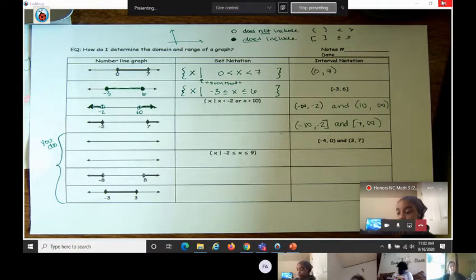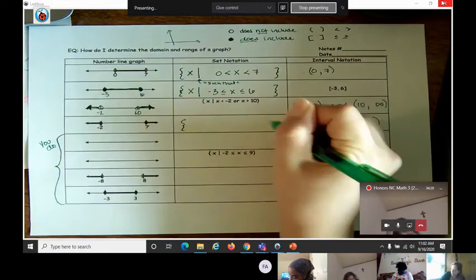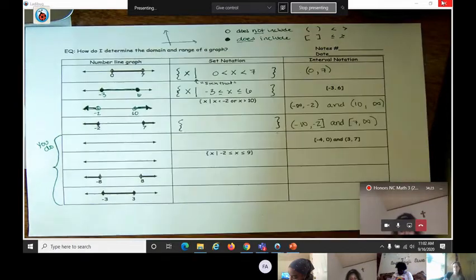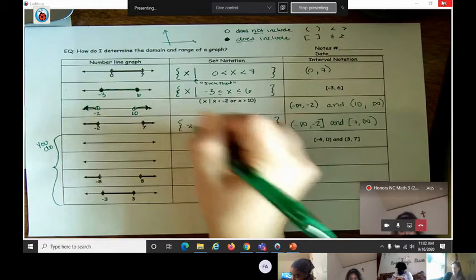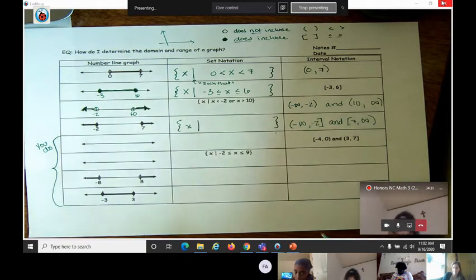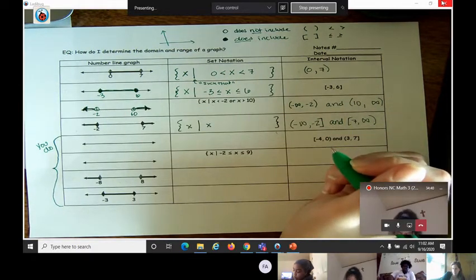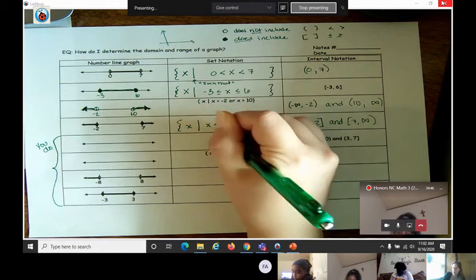Okay, and I guess that leaves Brandy to do the set notation for this one. You would do the squiggly line, or the squiggly thing. The curly braces. The X such that. Yep. X less than, and this is closed, right?